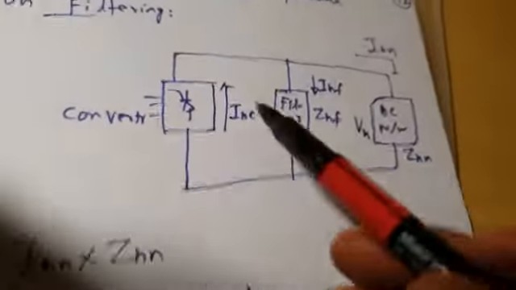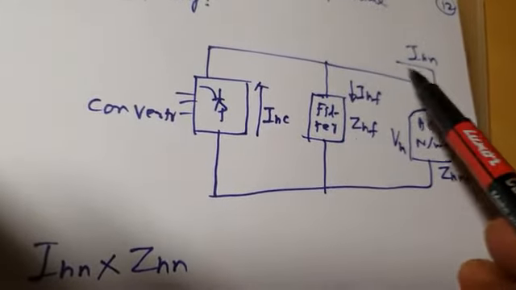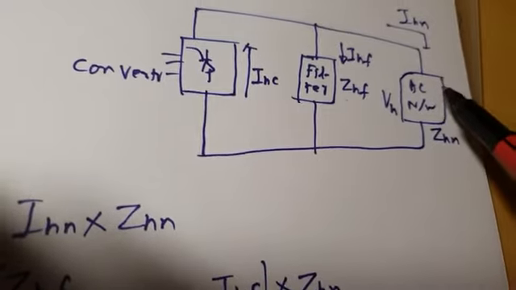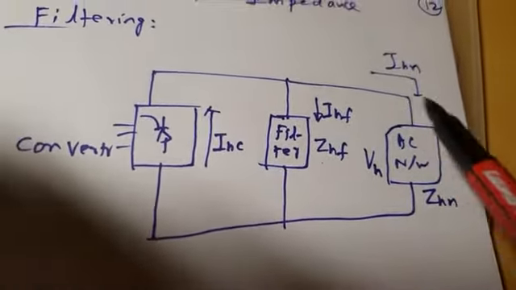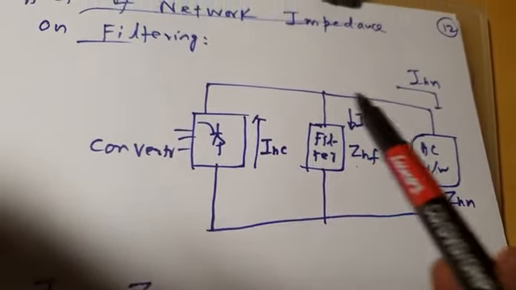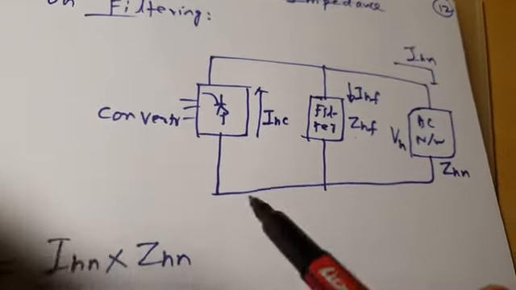See, your harmonic current comes from the converter. Some of it is trapped by the filter and the rest travels into the AC network. If the AC network impedance is 0, an unrealistic case, then whatever harmonic current is generated here goes into the short circuit because the AC network impedance is 0.